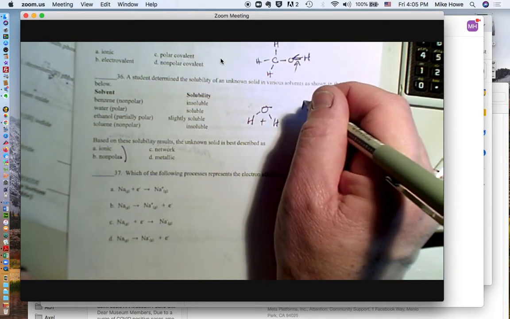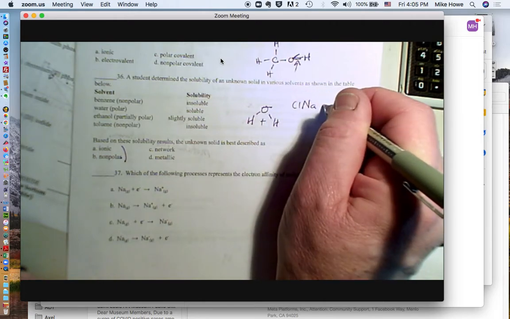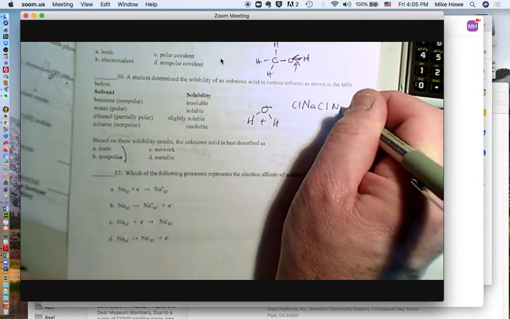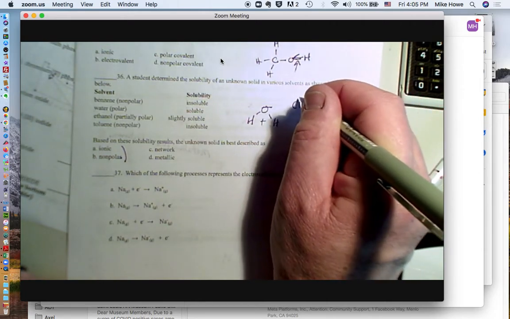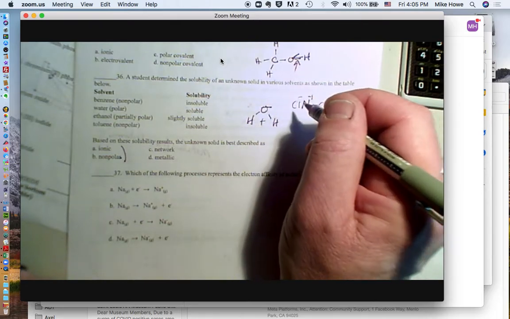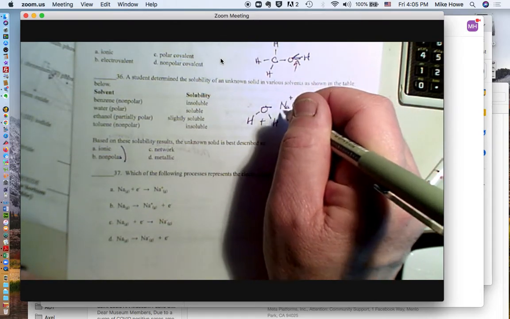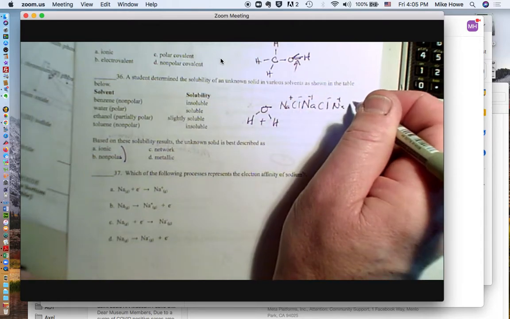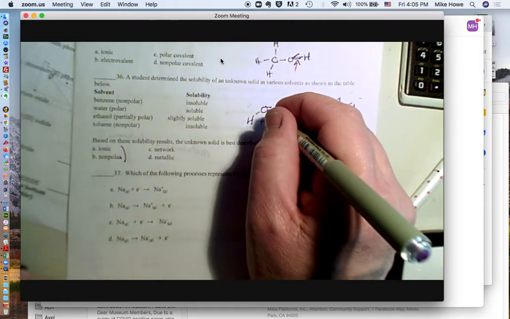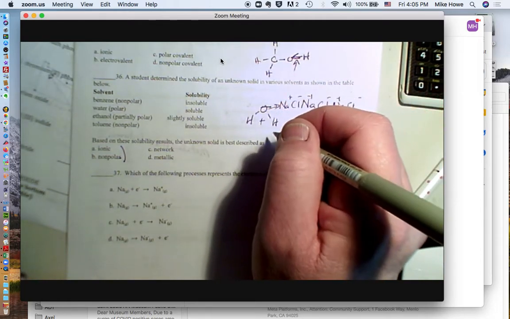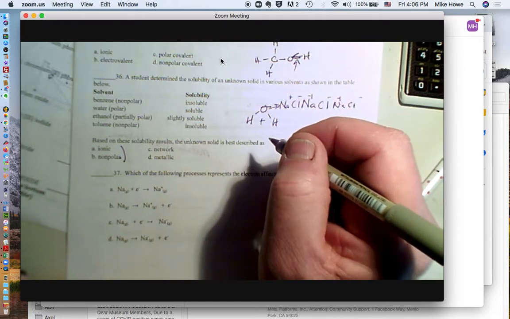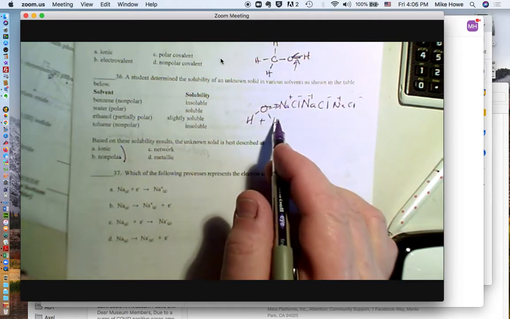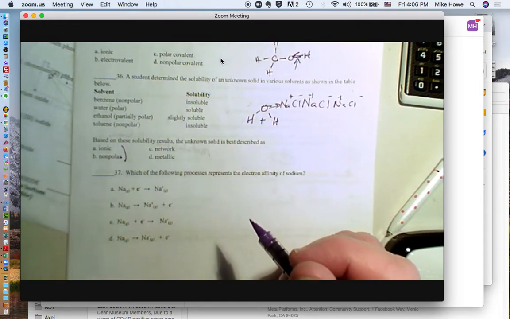Ionic things have charges, so you got Na's and Cl's and Cl's and Na's like that, where you have positive, negative. So this negative end would attract the positive ions, so I just draw it like that. Another Cl out here. So this negative end would attract that and cause it to dissolve. So the unknown solid is probably ionic. It may not be sodium chloride, but it'll be ionic.